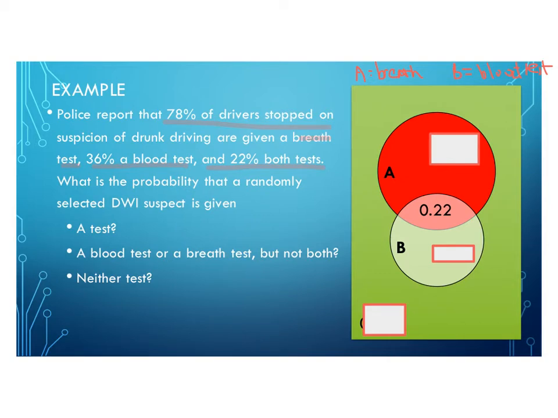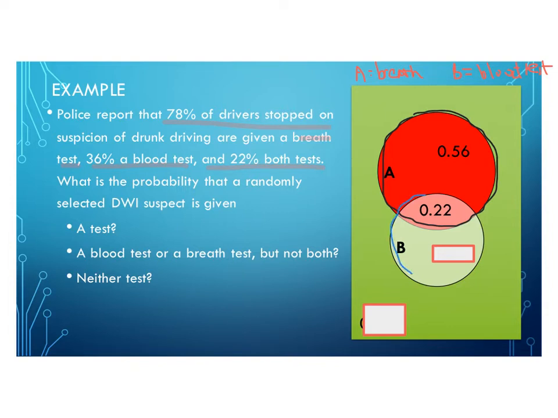Okay, so now I know that entire event A is 78%. But notice we have that 22% already represented in the diagram. So if we take 78% less 22%, we do get 56%. And we'll do a similar process for the blood test, right?